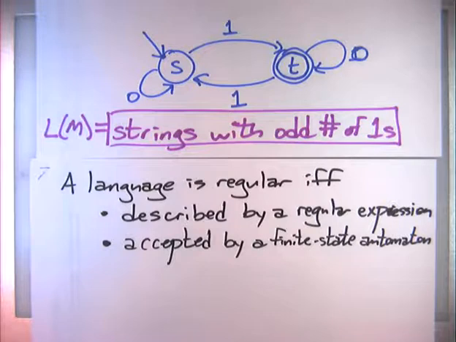There are ways of deriving finite state machines from regular expressions, but there's more than one way to do that. We'll see one of them later. And there are ways of deriving regular expressions from finite state machines, but again, there's more than one way to do that. Okay? So the correspondence is just that there is a regular expression that describes the language if and only if there is a finite state machine that describes the language. But those two are not necessarily related in any real sense.